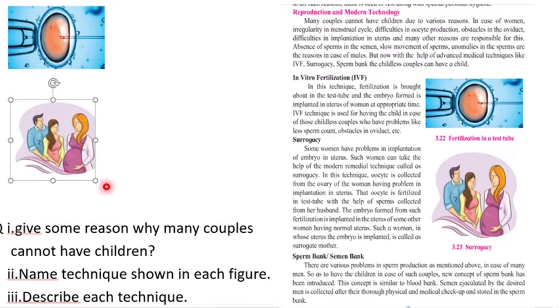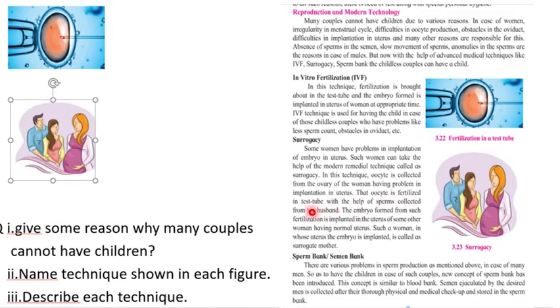Now let us discuss surrogacy. Some women have a problem in implantation of the embryo in the uterus. Such women can take the help of a modern remedial technique called surrogacy. In this technique, the oocyte is collected from the ovary of the woman having the problem in implantation in the uterus.